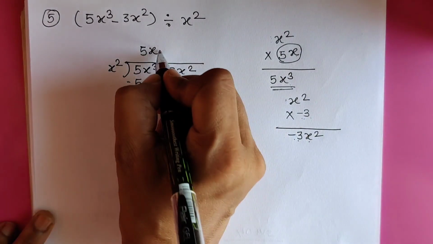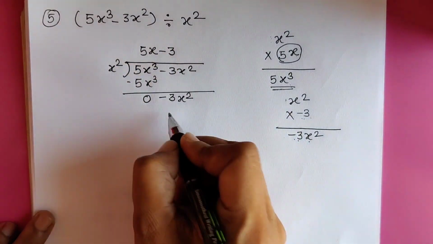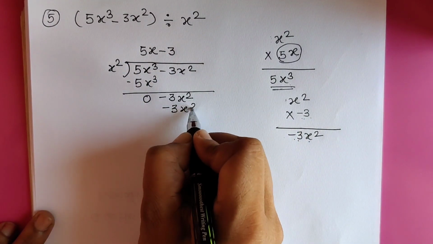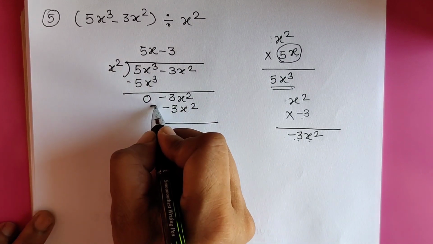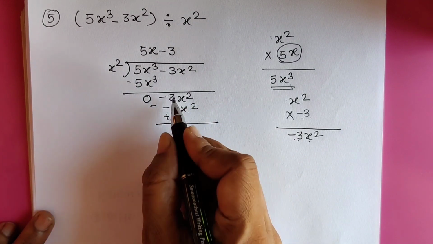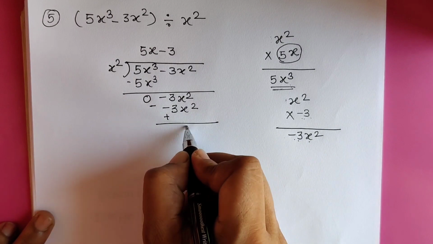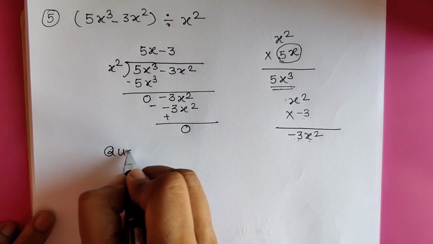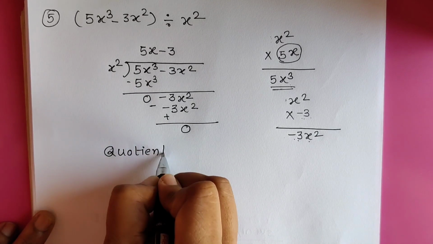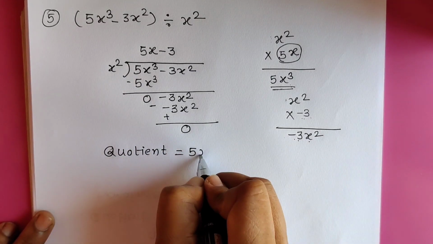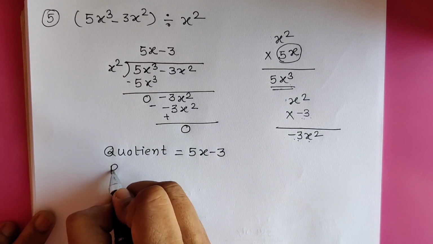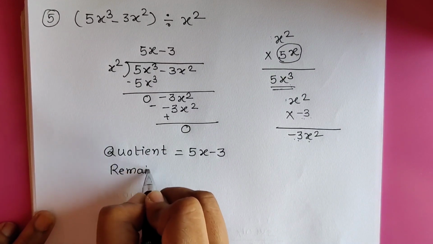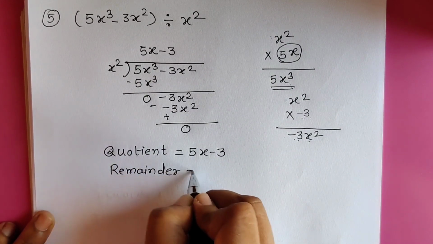So this minus 3 we have to write in the quotient. This answer minus 3x square we write in the dividend. We do subtraction, minus minus will become plus, minus 3 plus 3, answer is 0. This remainder is 0. So in this way we have to write quotient is equal to 5x minus 3 and our remainder is equal to 0.